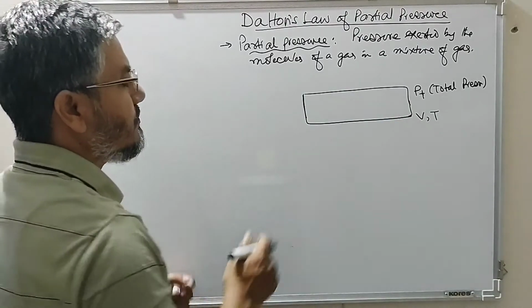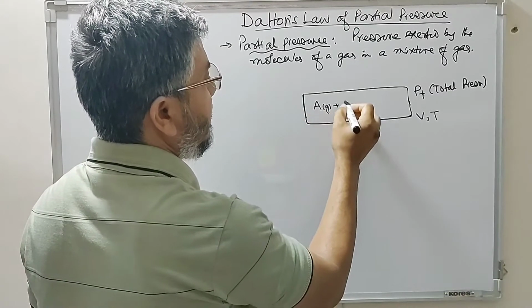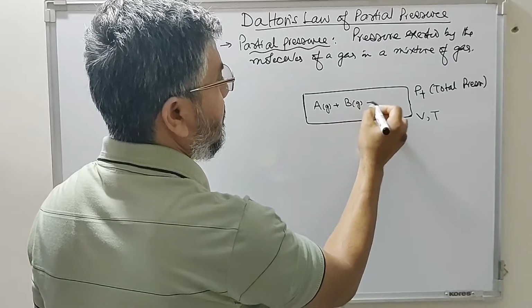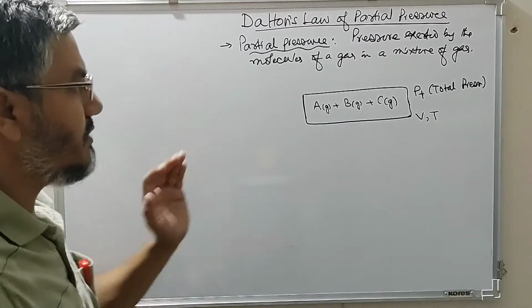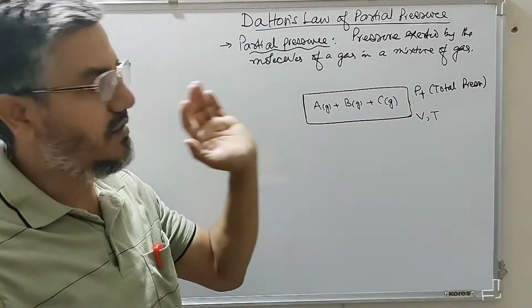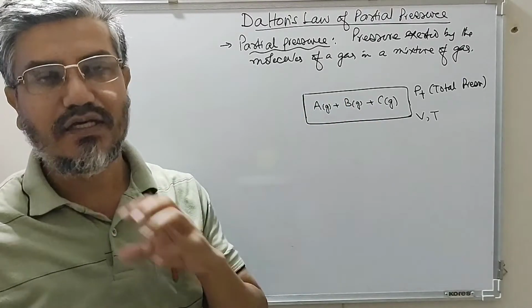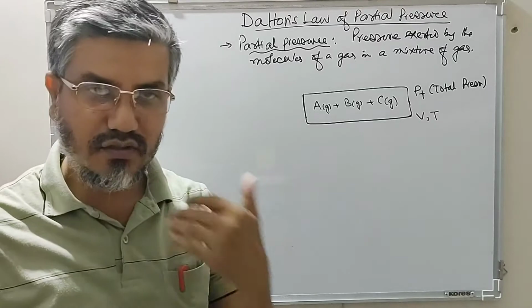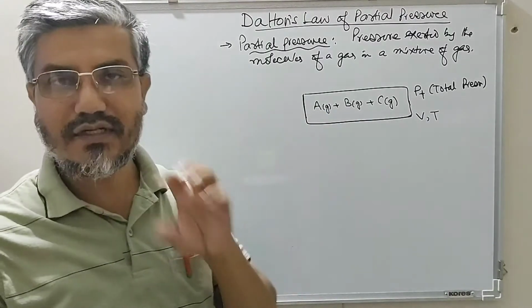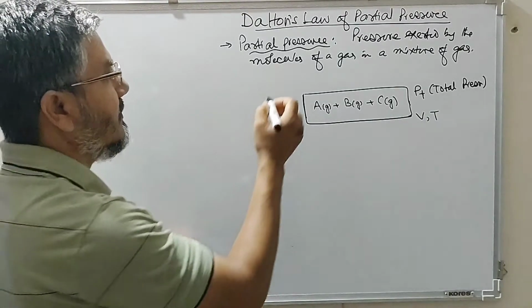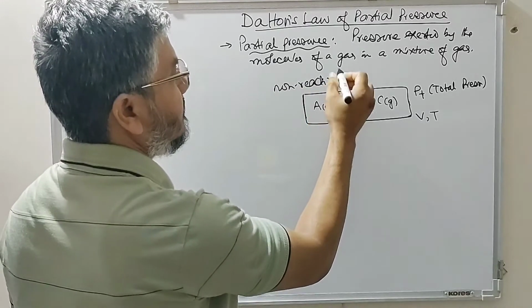Suppose we have A gas plus B gas plus C gas. So this container contains three different gases A, B and C, and there is no chemical reaction occurring between A, B and C. That means the gases present inside this container should be non-reacting gases, so we have a non-reacting gaseous mixture.